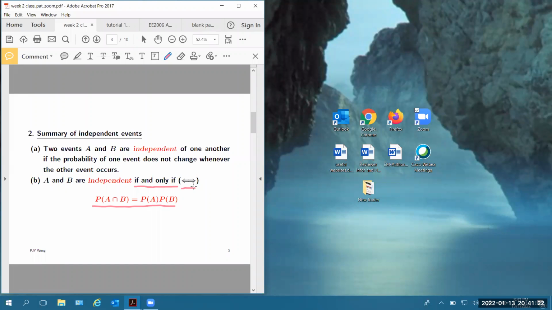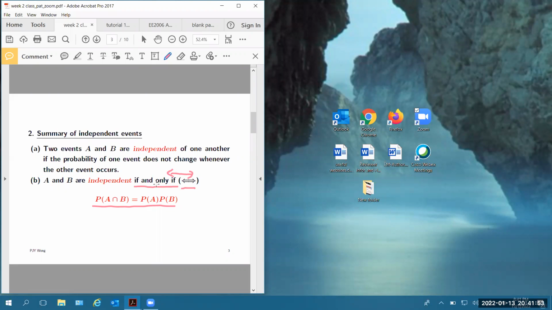Meaning that if A and B are independent, then the arrow can go this way and imply this formula holds. Now the arrow goes back: if this formula holds, it implies A and B are independent. So that's the meaning of if and only if. The arrow can go both ways.